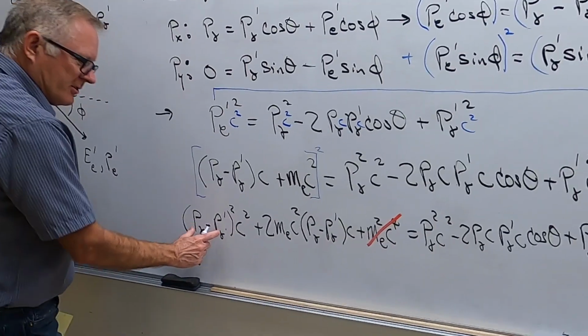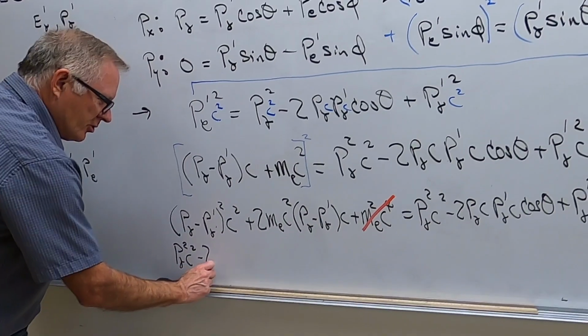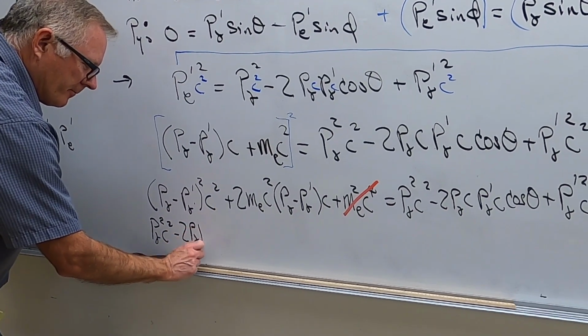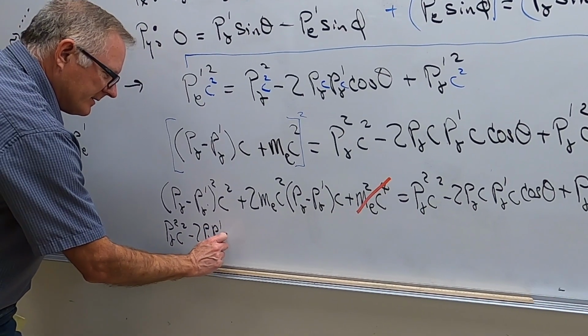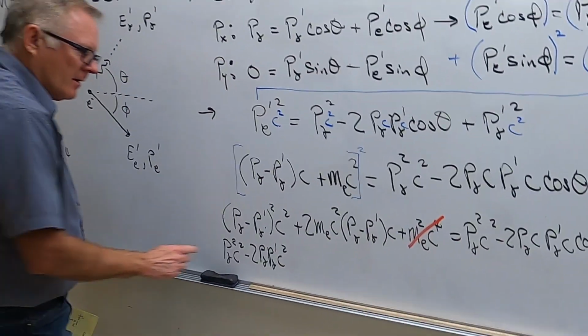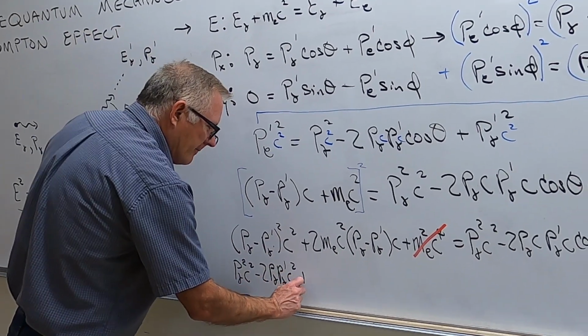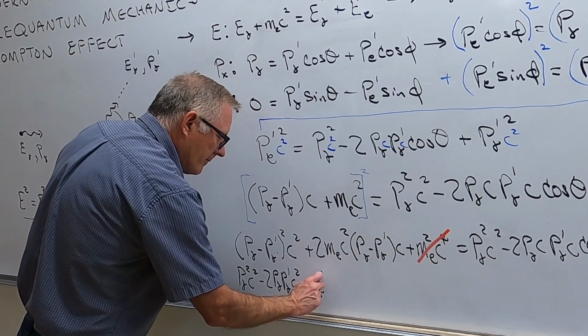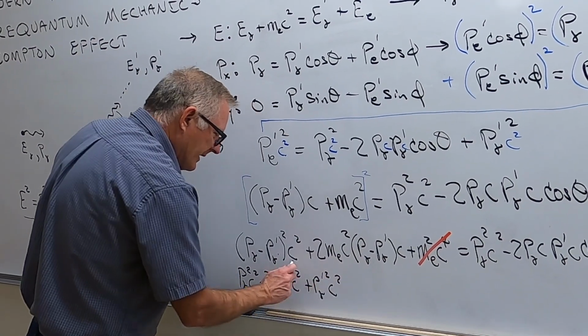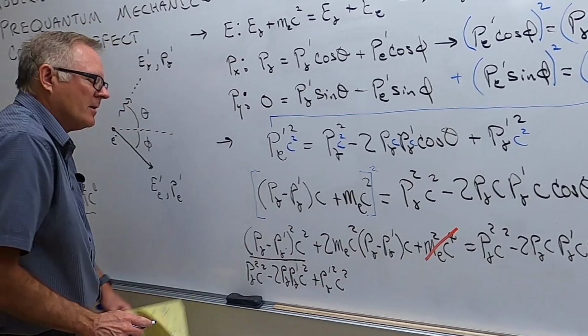Then I've got the cross term, minus 2 P gamma P gamma prime C squared, plus P gamma prime squared C squared. That's just this first term right there.